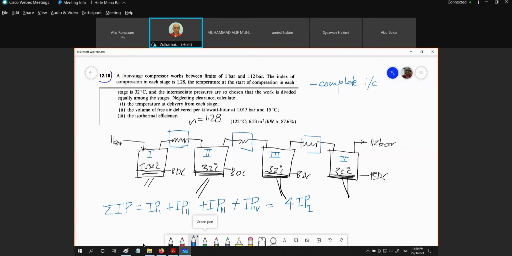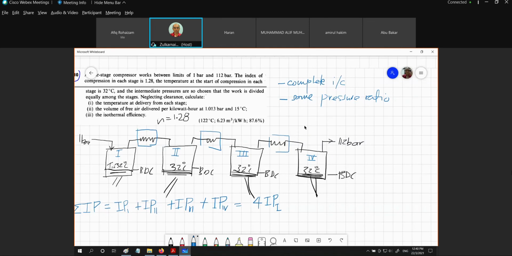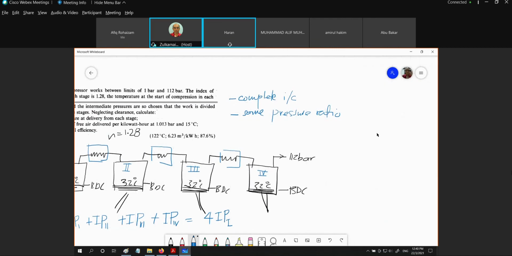So what case is this? Same pressure ratio, sir. Yes, same pressure ratio. If complete intercooling with same pressure ratio, what do we get? We get minimum power.